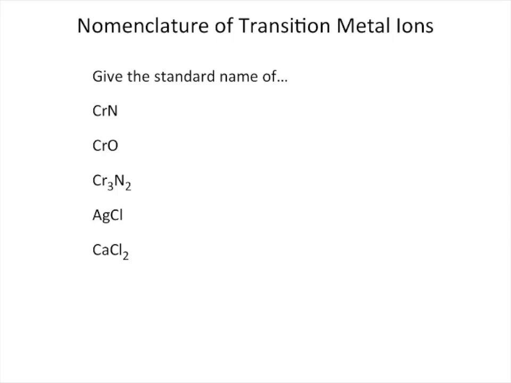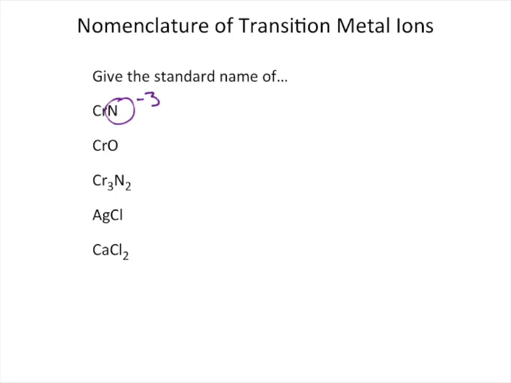So some practice. If you're going to give the standard name of these compounds, what would they be? Okay, so the first one has chromium and nitrogen. Now, chromium can take more than one charge, so that means we need to put the Roman numeral after it. Now the game is figure out what the charge is. If you look at this, the nitrogen is -3, because that's what nitrogen always is.